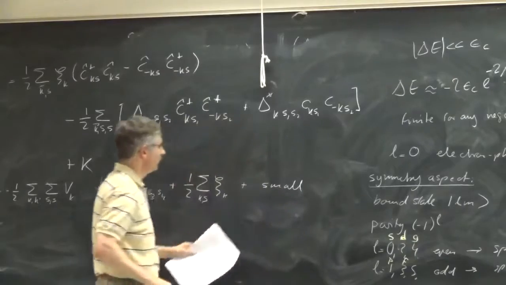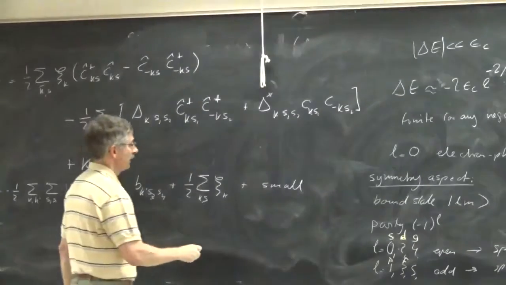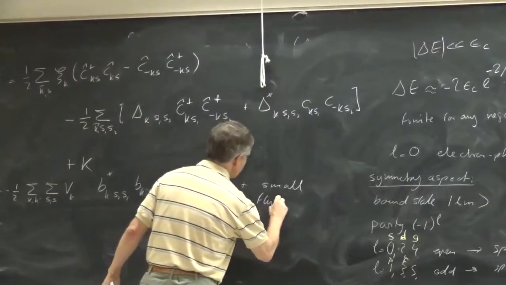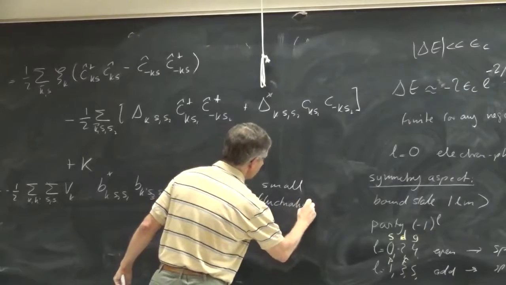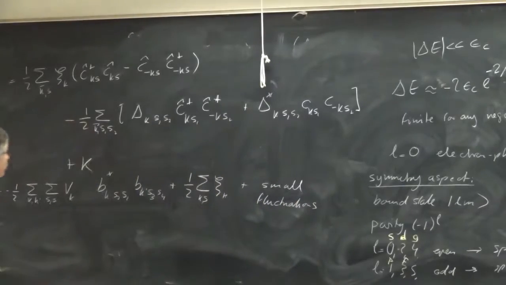Those are the fluctuations which we usually leave away when we do mean field calculations.